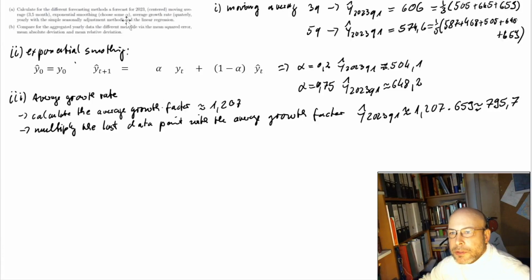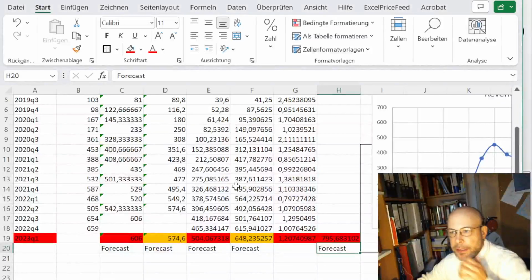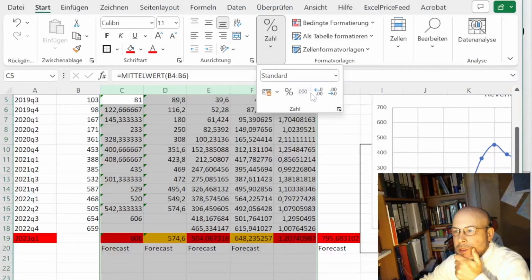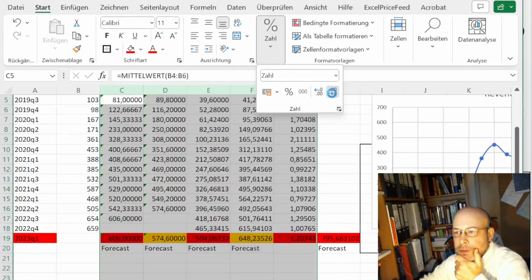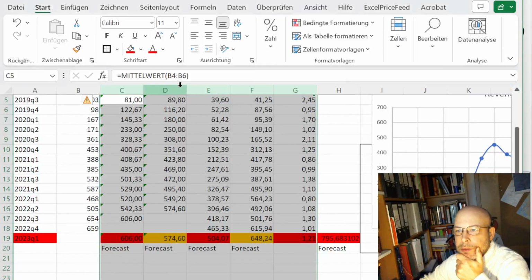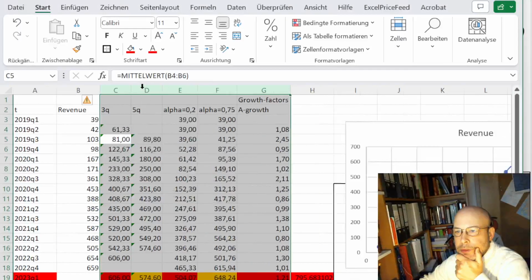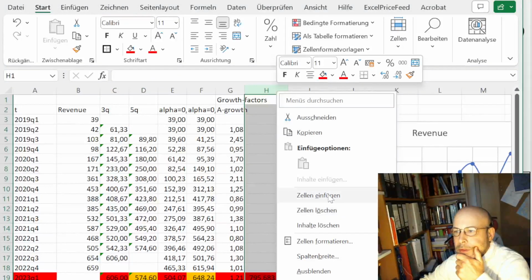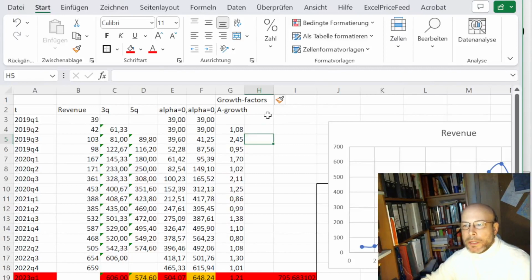And we should also do it for the annual case. Let's do this, so that I have a little more space. Like this, and insert 1.